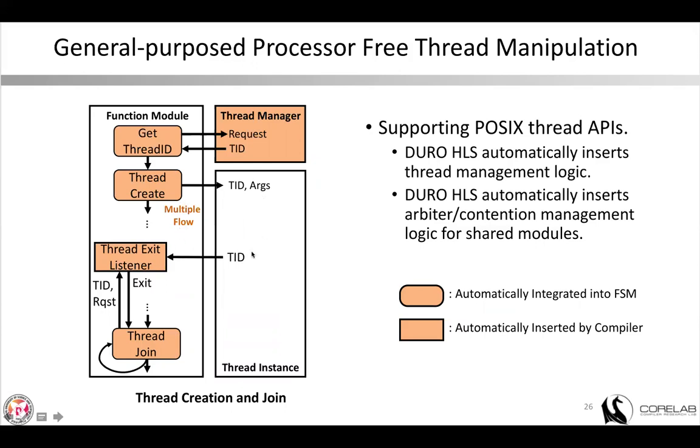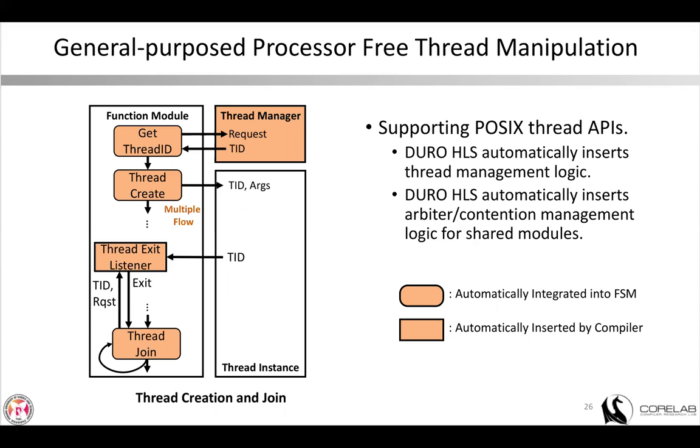When the thread instance is terminated, the thread is a listener, which is always waiting for receiving the thread ID, and the thread join is synchronized based on this listener module. Since threads cause multiple flows, contention must be managed for the shared modules.